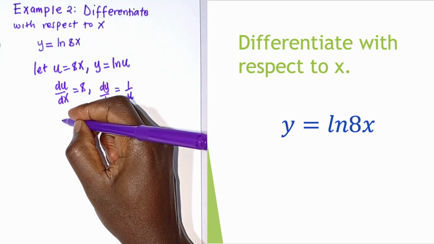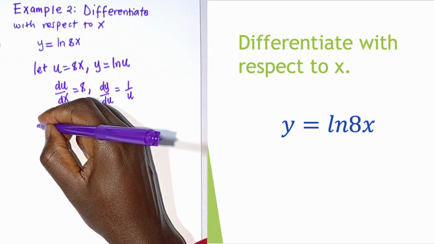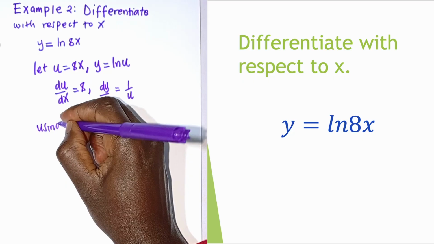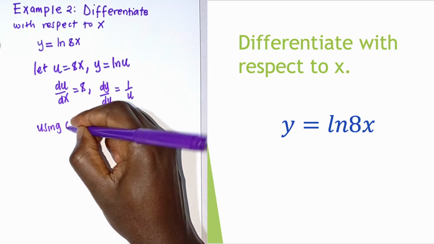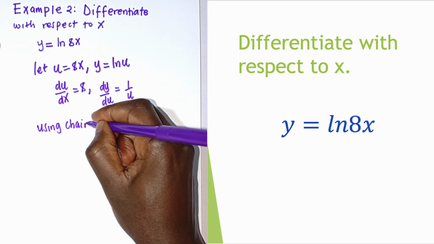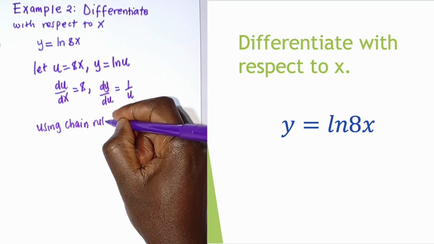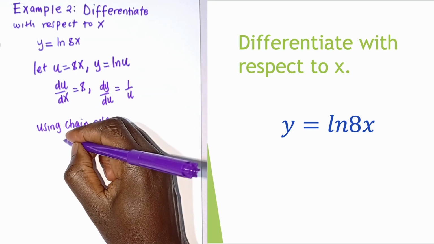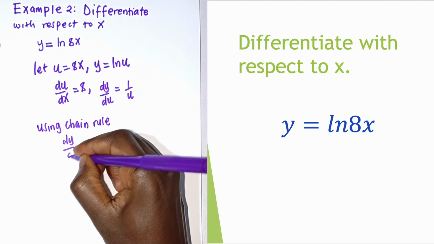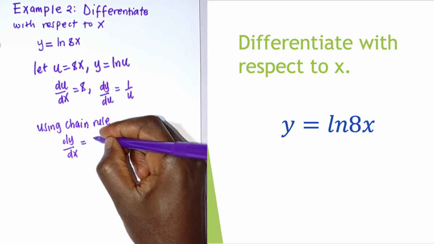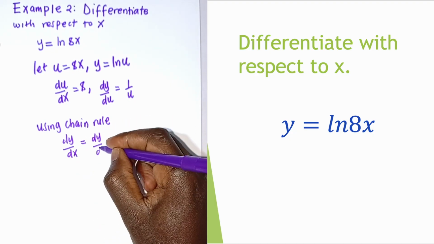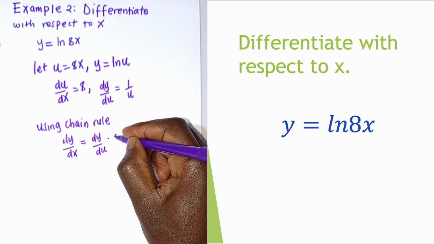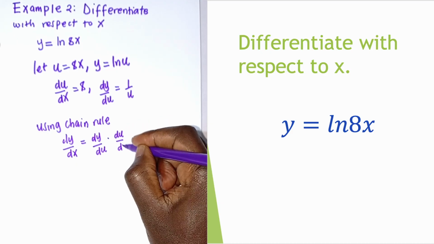Now we are going to use the chain rule. We state it and say that our dy by dx is dy by du times du by dx.